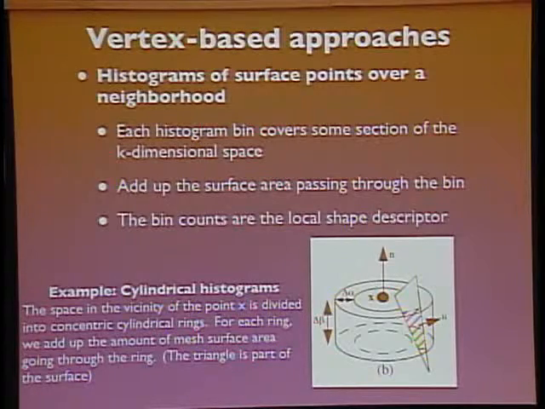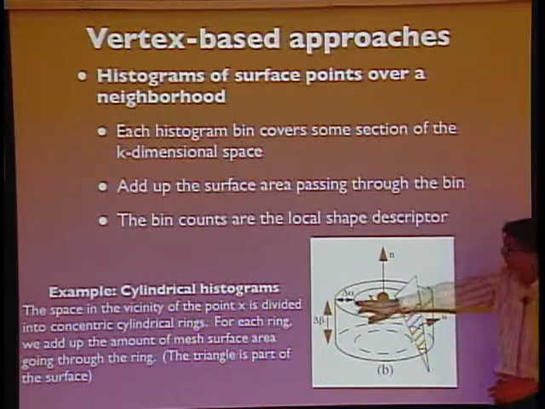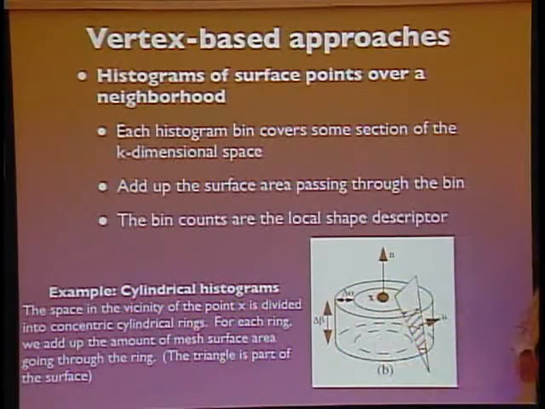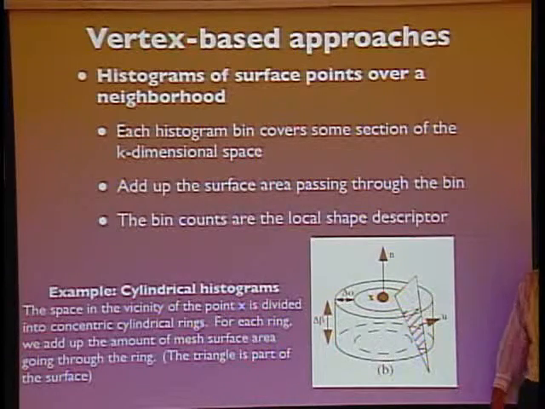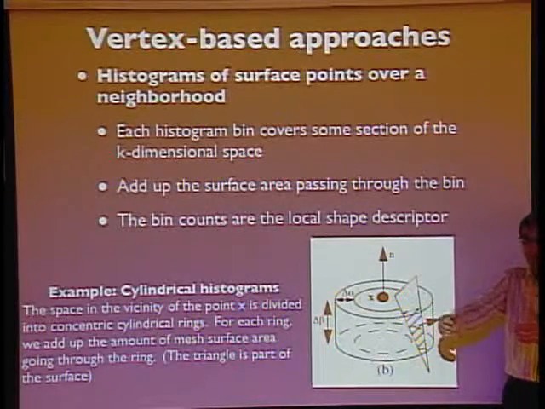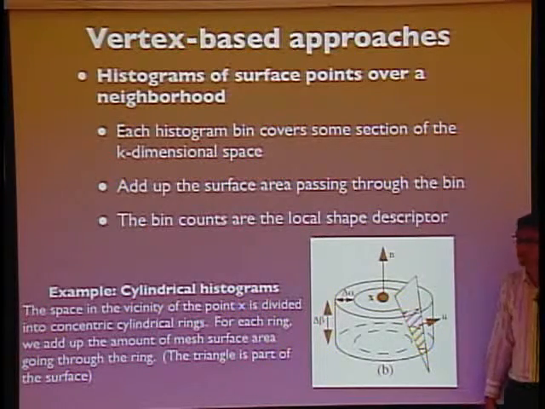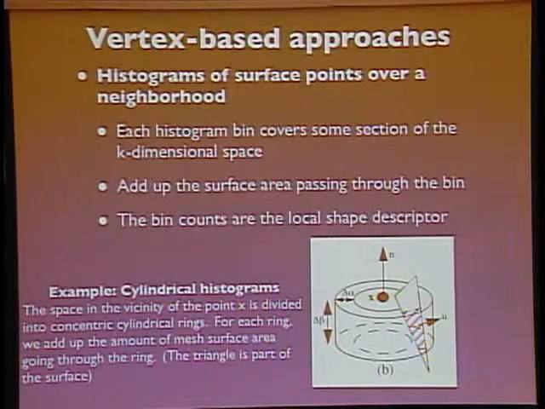So each alpha with a delta alpha sized band is going to be a cylindrical shell. And then when you chop it up by beta, it's basically taking these infinitely long cylinders and breaking them up into discrete chunks. And then simply all I'm going to do is count up for every alpha beta pair how many points live at that distance from me and at that difference of elevation from me. So this is a vertex-based histogram.